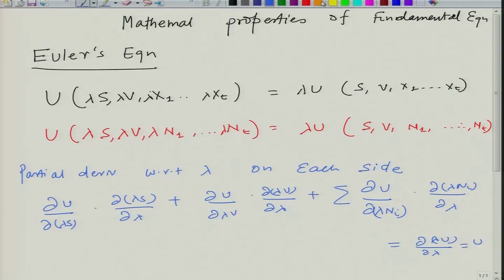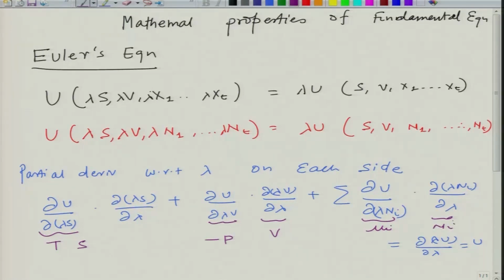What about the left hand side? By definition, if you look at the partial derivative of U with respect to entropy, this must be T, this is S, and this would be minus P, and this would be your V, this would be your mu i, and this would be N i. Okay.